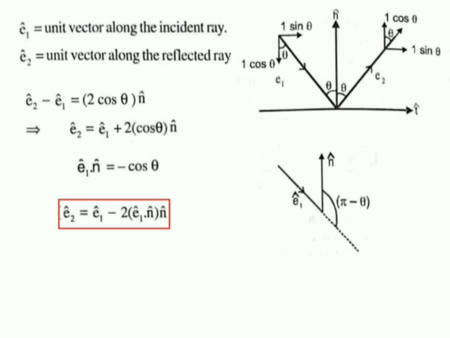E2, the unit vector along the reflected ray, is always equal to E1 minus 2 times E1 dot N cap into N cap. All of them are unit vectors. N cap is a unit vector in the direction of the normal. So this helps you in finding the unit vector in the direction of the reflected ray.